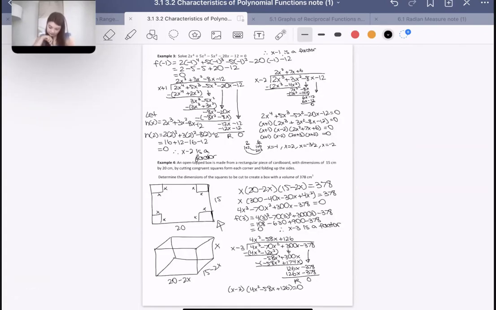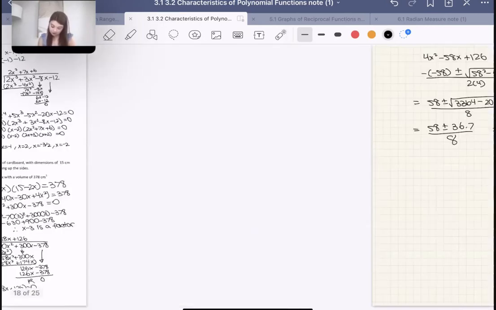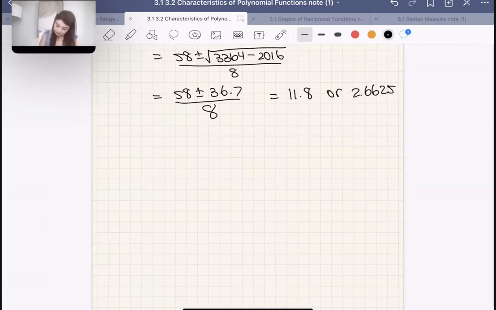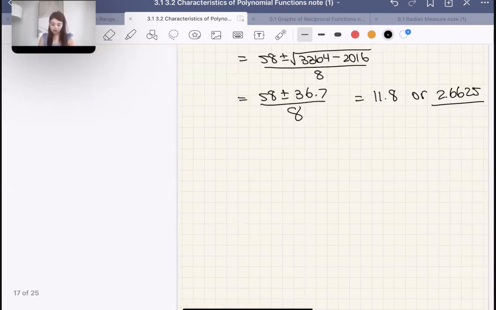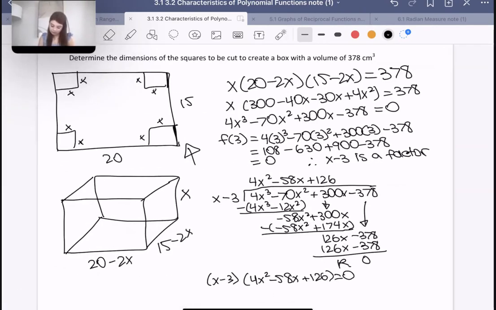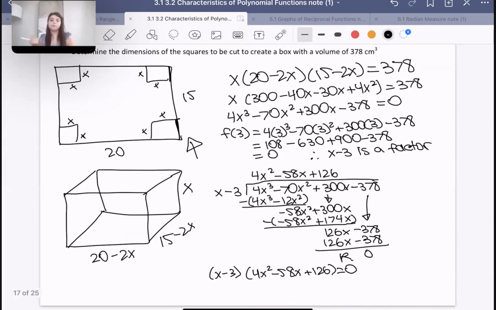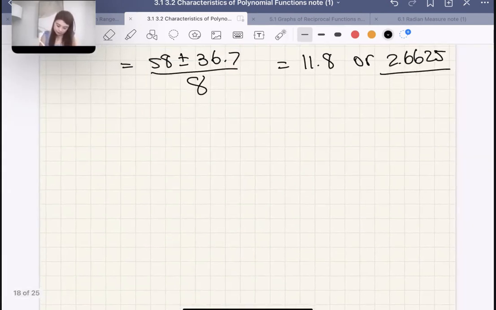Okay, so therefore, the dimensions of the squares to be cut to create this box would be either 2.6625 centimeters or 3 centimeters, because remember, we already found that 3 was a solution before, so we're going to keep that. Awesome. So let's write a quick conclusion statement.